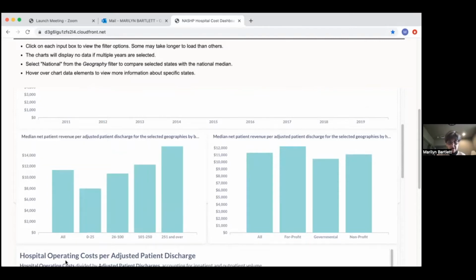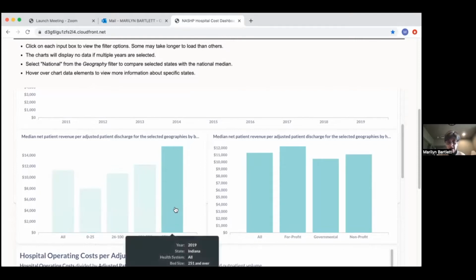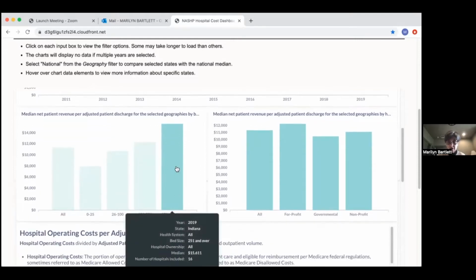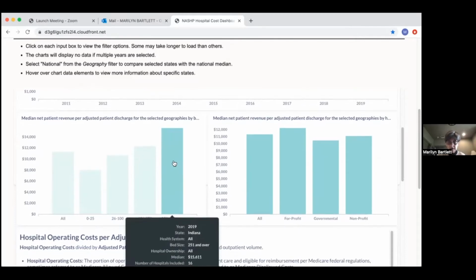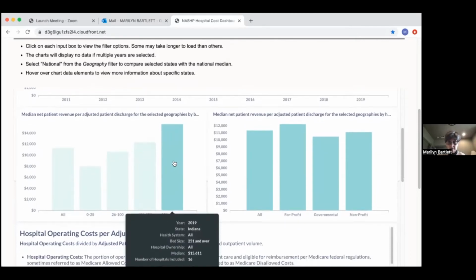And probably not surprising, you would see the lower in the 0 to 25 category. We split the hospitals this way: 26 to 100 bed size, 101 to 250, and 251 plus.